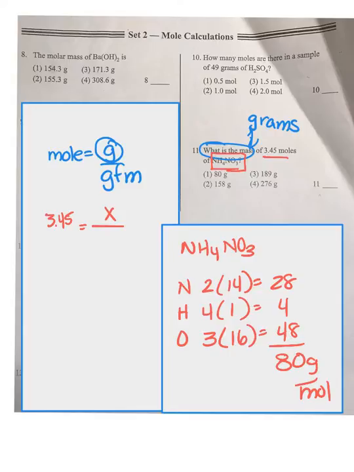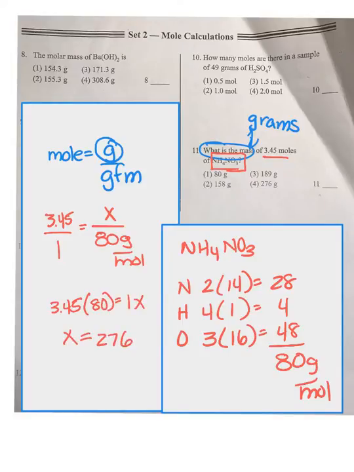Add all those together, we're going to end up with 80 grams per mole. Now we have to solve for X, so it's just simple cross multiply. 3.45 times 80 equals 1X. X equals 276 grams of ammonium nitrate.